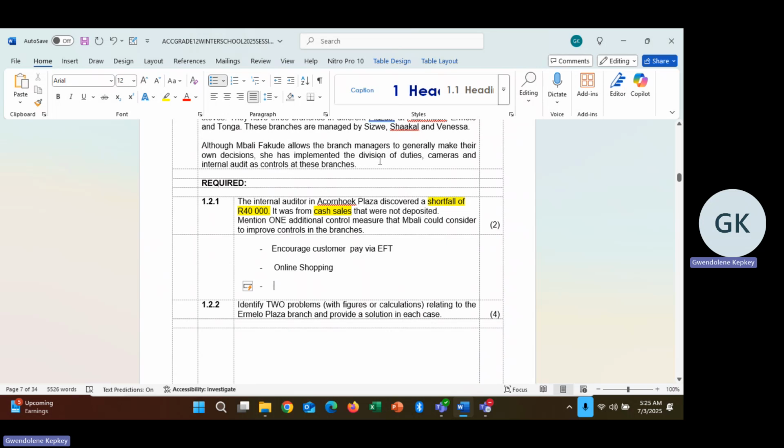Although there's division of duties, you need to ensure that you make regular deposits. Why regular deposits? Because that avoids large sums of money being on the premises. So you implement that in your policy so that we do not have large amounts of cash on the premises.